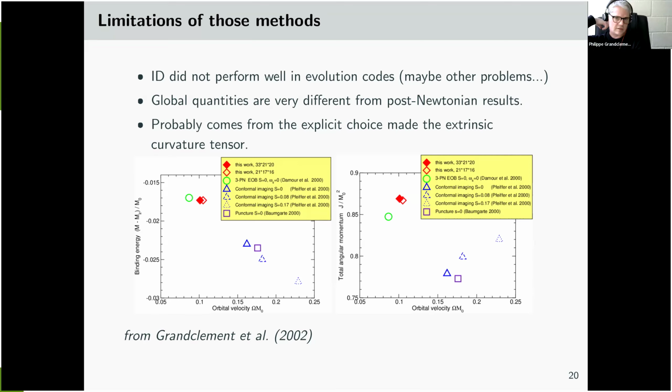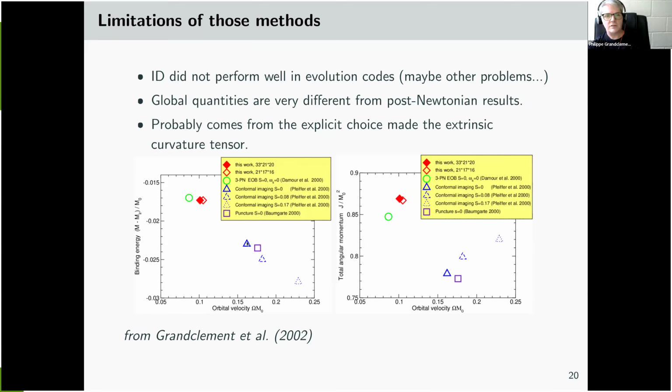But one of the problems, for instance, is that if you use those data and you compute some global quantities, like for instance here on the right, the left-hand side, you have the binding energy as a function of the orbital velocity and the total angular momentum as the function of the orbital velocity for the configuration of maximal, the last stable circular orbit, if you want. And if you use those data, you end up with values that are here and there.